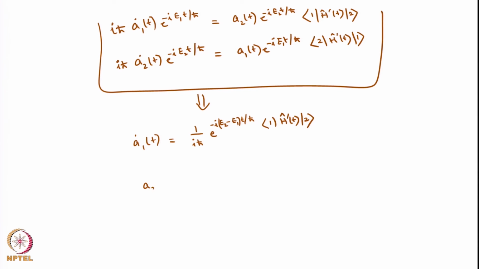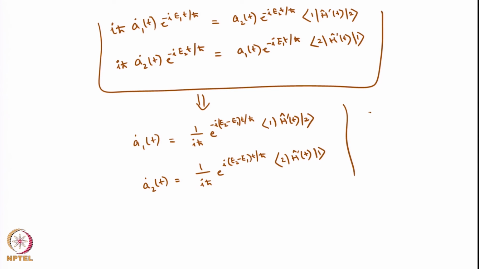And the other equation will become A2 dot t is equal to 1 over i h bar e to the power of i (E2 minus E1) t by h bar <2|H prime t|1>.